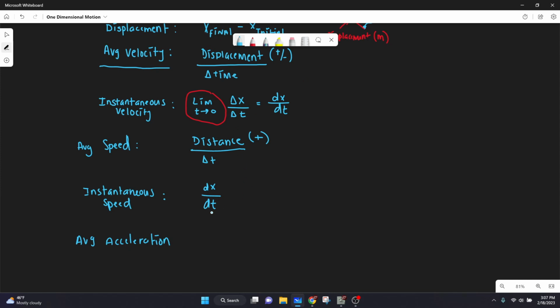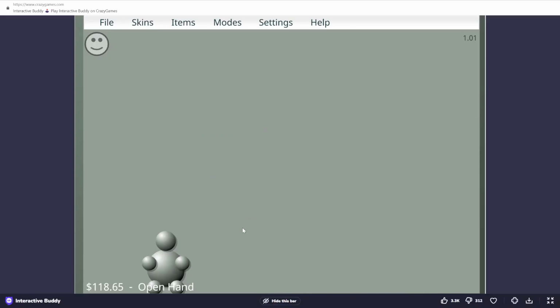So average acceleration is going to be change in velocity over change in the time to travel that velocity. And so we can think about this as our change in motion along a particular interval of time.